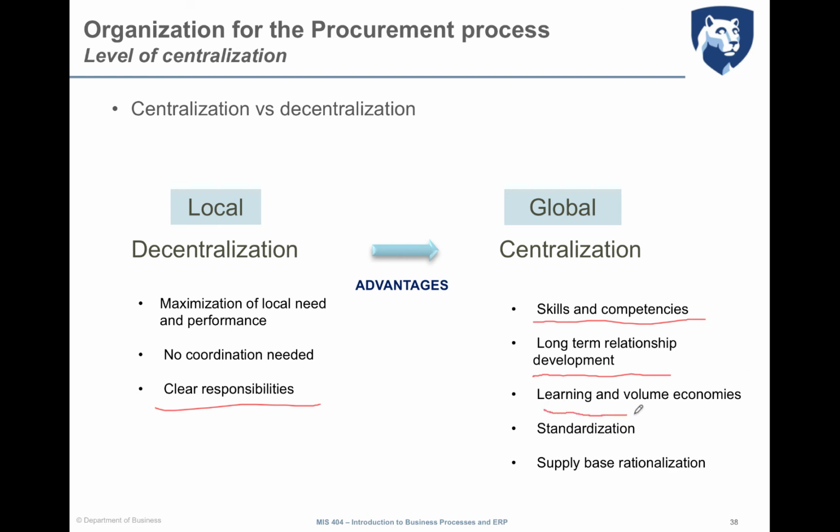You can gain learning and volume economies of scale by bundling volume and requests. You are able to standardize because you put together requests coming from different parts of the company, so you standardize the needs, gain more efficiency, and of course rationalize the supply base.